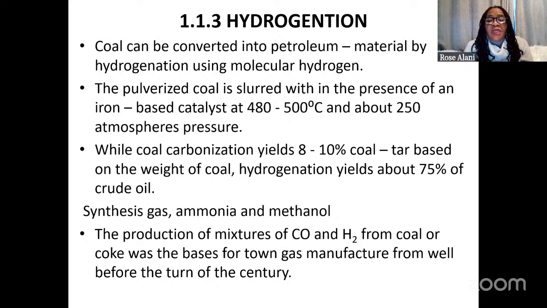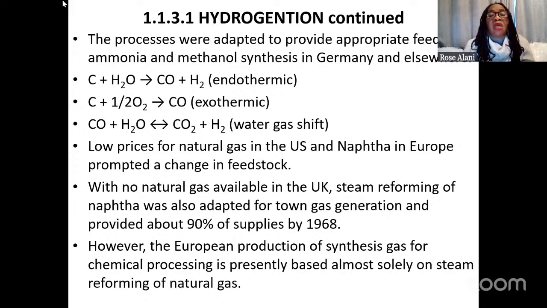The production of a mixture of carbon monoxide and hydrogen from coal or coke was the basis for town gas manufacture from well before the turn of the century. Processes were adapted to provide appropriate feed for ammonia and methanol synthesis in Germany and elsewhere.